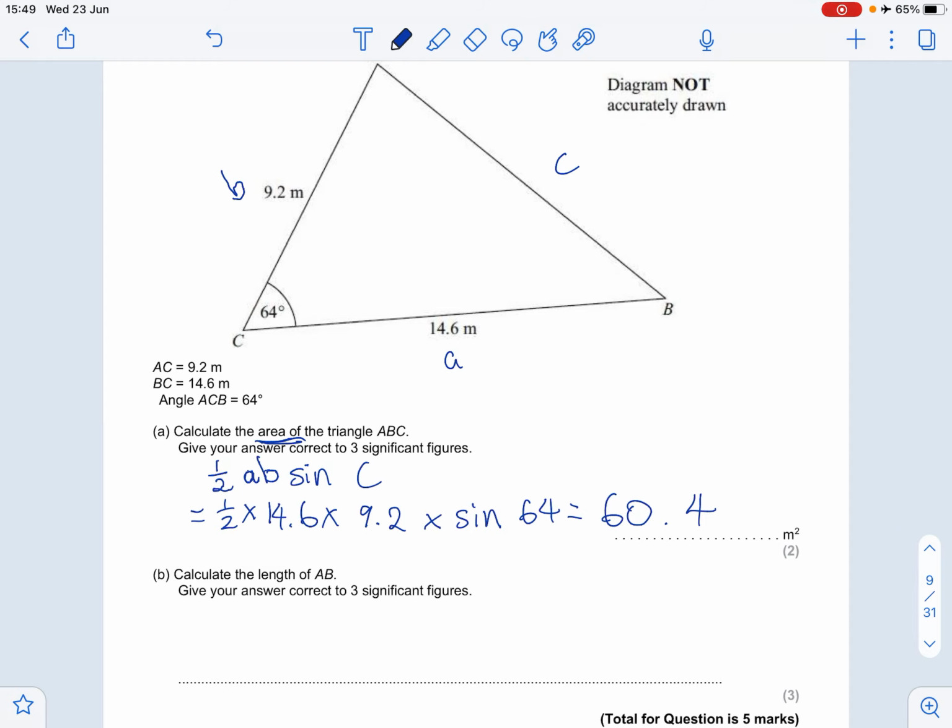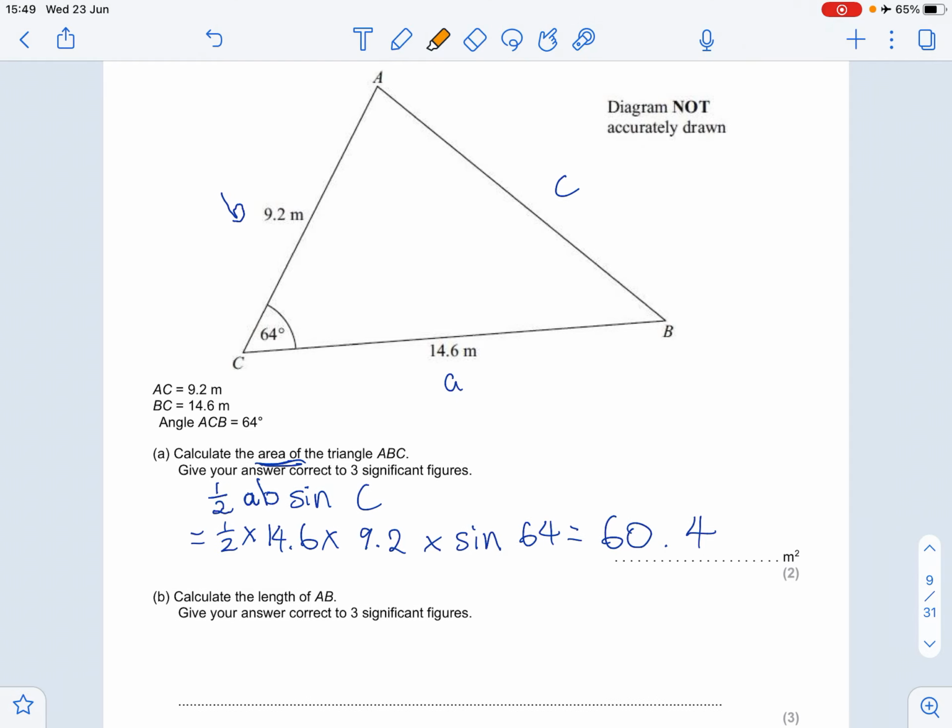Part b, we're asked to calculate the length AB. This time we're going to use our cosine rule again, because we have two sides and an angle in between, and the side opposite the angle is unknown.